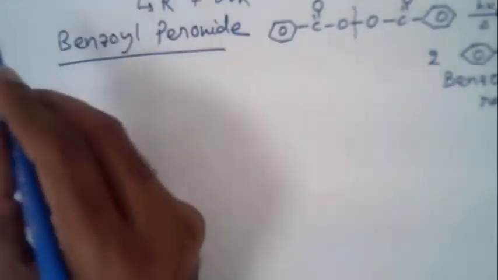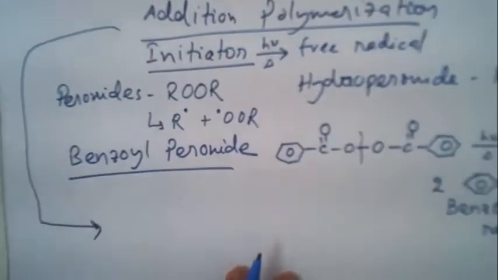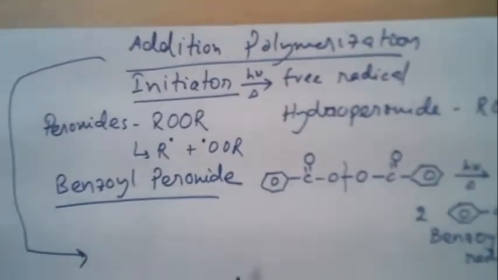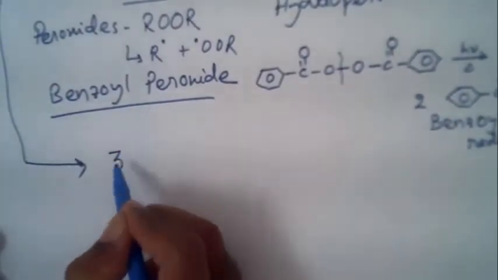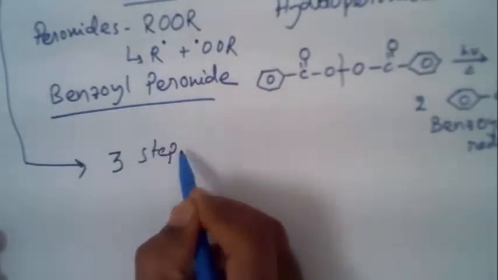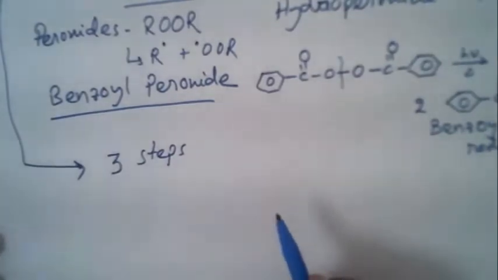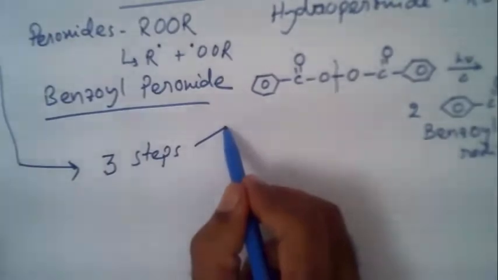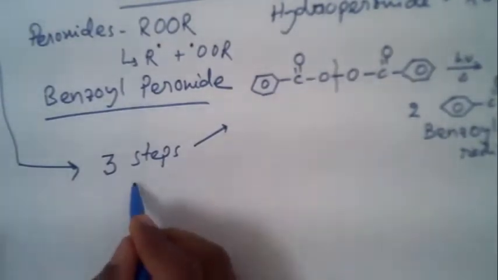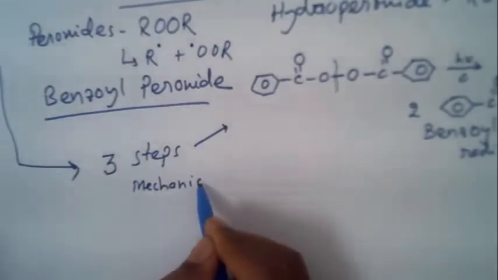Generally, addition polymerization happens through 3 steps, or 3 mechanisms.